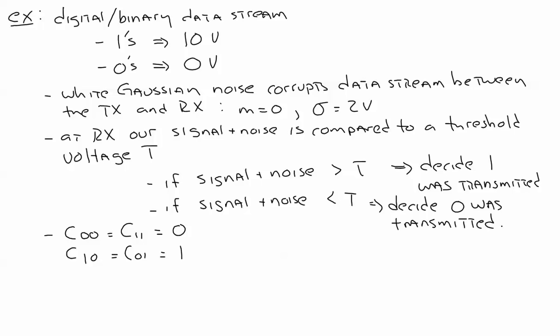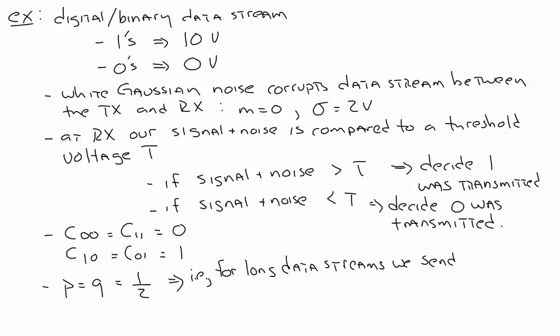All right. Furthermore, I'm going to assume that P equals Q equals 1/2. And what that means is for long data streams, we send about 50% ones and about 50% zeros.